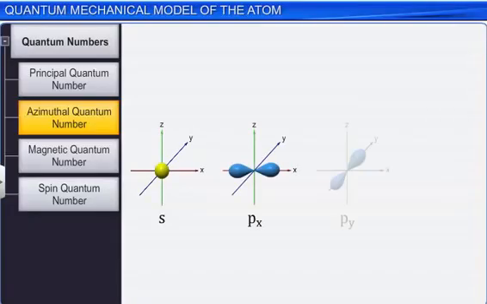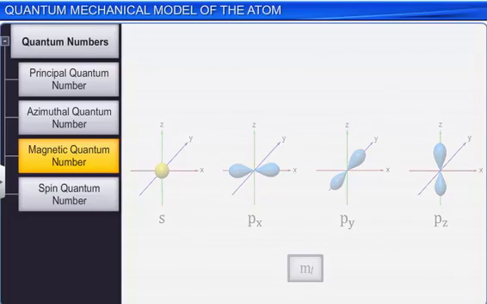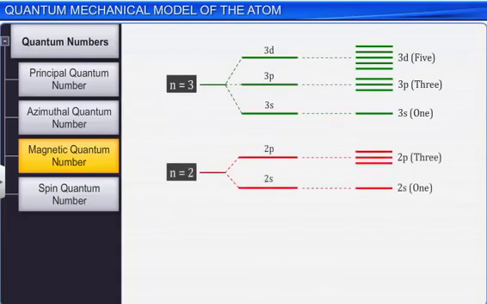The number of preferred orientations of electrons belonging to a subshell is given by another quantum number called the magnetic orbital quantum number, ml. Each orientation corresponds to an orbital. Therefore, the magnetic quantum number helps to determine the number of orbitals within each subshell.